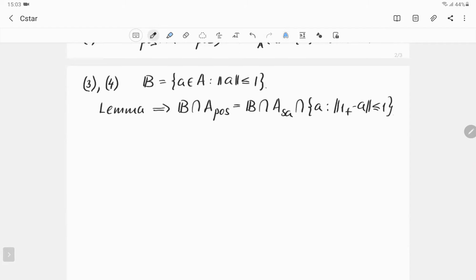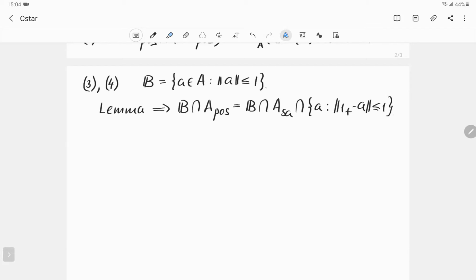well, let's look at the right-hand side of this formula. Each set here is closed and convex. This is the unit ball. Clearly, it is closed and convex. The set of all self-adjoint elements is a closed real vector subspace. So it is also closed and convex. And the last set is, again, a closed ball centered at the identity. So it is also closed and convex.